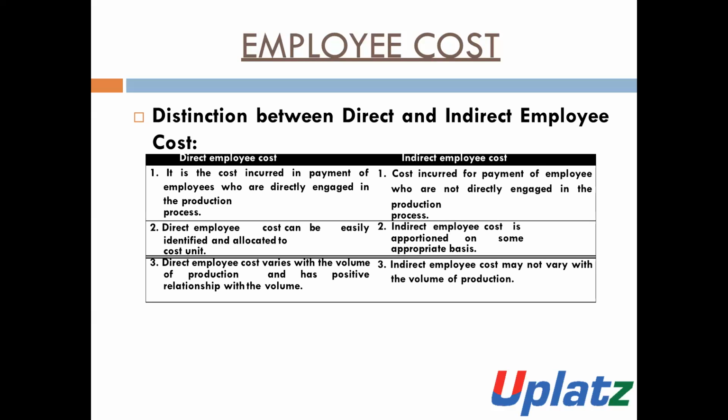Now we will discuss the differences between direct and indirect employee cost. Number one, direct employee cost is the cost which is incurred in the payment of employees who are directly engaged in the production process.